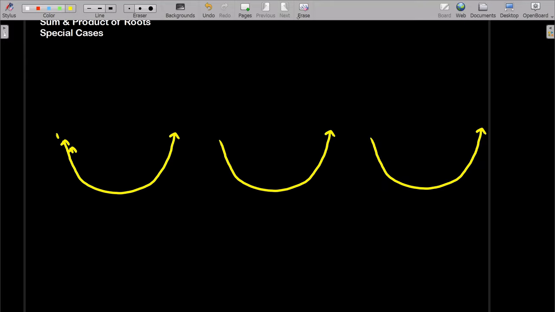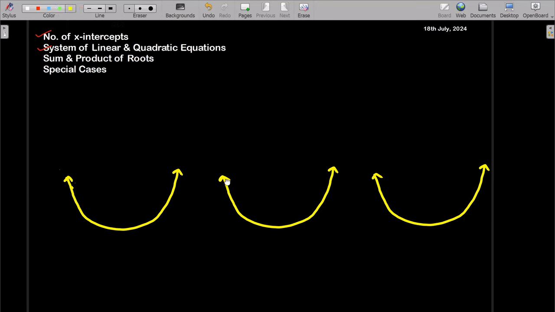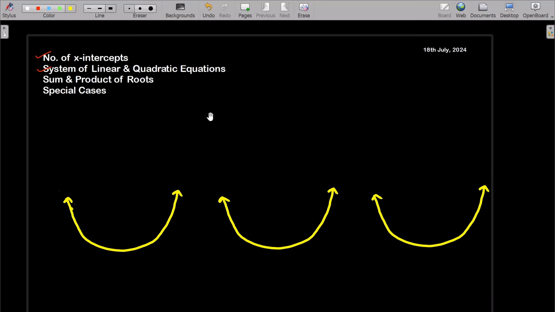We are doing system of linear and quadratic equations. First I'll tell you its geometric meaning, and then we'll do it algebraically. You again have 3 cases. In the first concept we did intersection of a parabola with the x-axis.